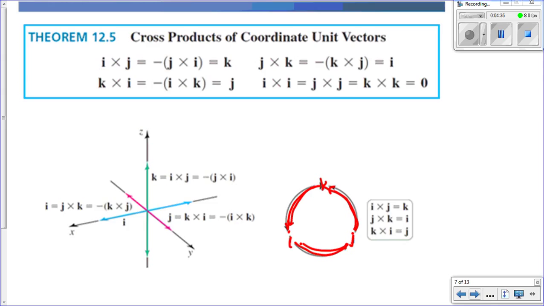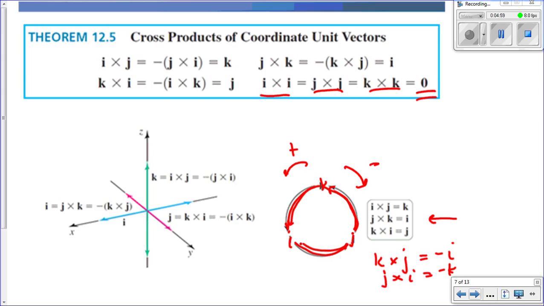So going in the counterclockwise direction, you get these, and then just know that if you're going in the reverse order, k cross j would be negative i, and j cross i would be negative k. So going clockwise is the negative, and going counterclockwise, they will be positive. And anytime you're crossing a vector with itself, you always get 0.